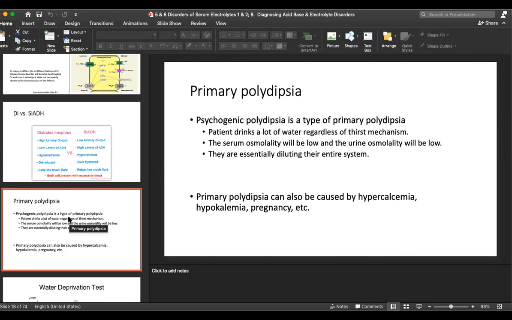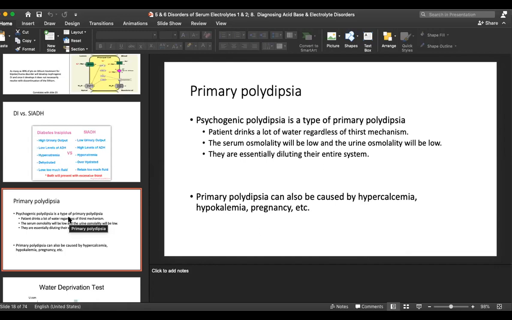If a patient drinks a ton of water, regardless of their thirst mechanism, the serum osmolality is going to be low. That sounds more like SIADH. However, the urine osmolality is also low. That's kind of like our diabetes insipidus.